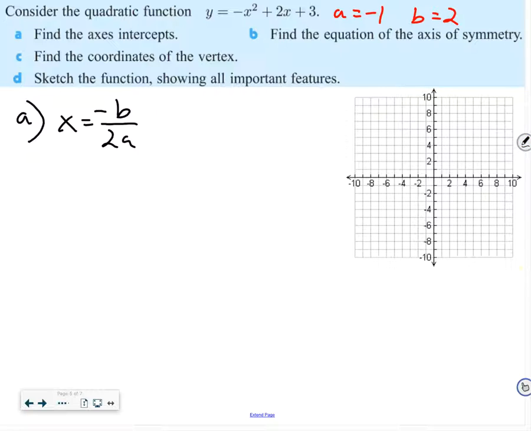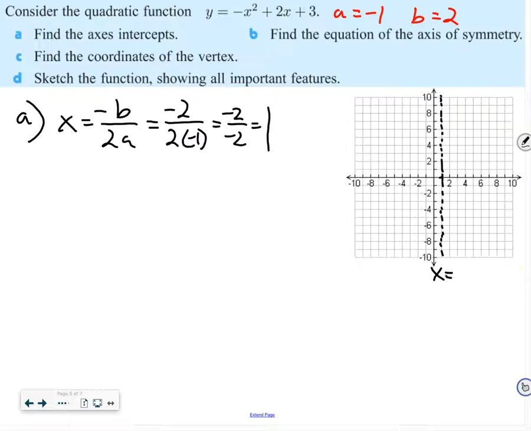So negative b is negative 2 over 2 times negative 1. Simplifying, I get negative 2 over negative 2, which is equal to 1. So x equals 1 is here. I can graph it on here. I draw it as a dotted line because it's not an actual part of my graph.